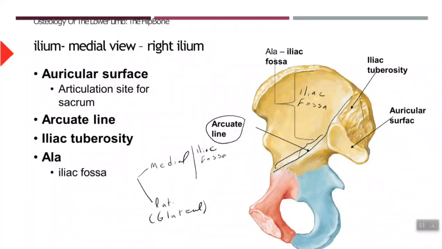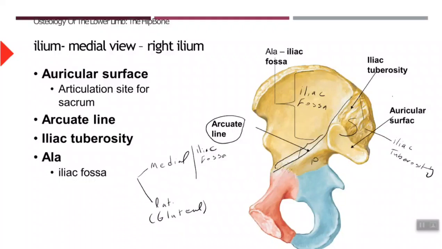And the sacropelvic part, this is the sacral, this is the pelvic. The sacropelvic part has two parts. This is the iliac tuberosity. Some ligaments of the sacroiliac joint attach to this tuberosity.